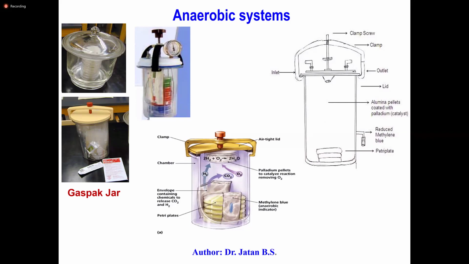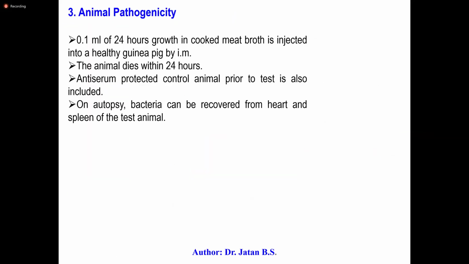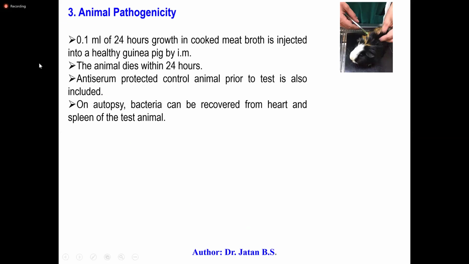Okay, can I move on to the next slide? Now also you can go for animal pathogenicity. 0.1 ml of a 24-hour growth in cooked meat broth is injected into a healthy guinea pig.